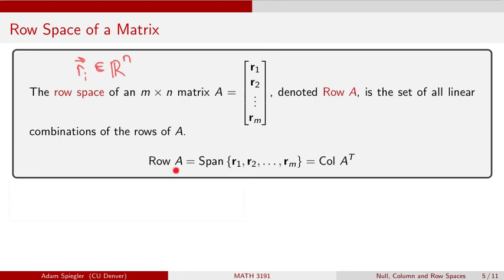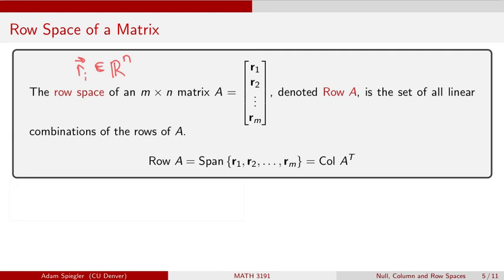So the row space we could just write as the span of all of the different rows. And as with the column space, we might want to keep in mind what is the minimum number of vectors that we would need in this list to generate the full span. But that's a topic for the next section that we'll get into.